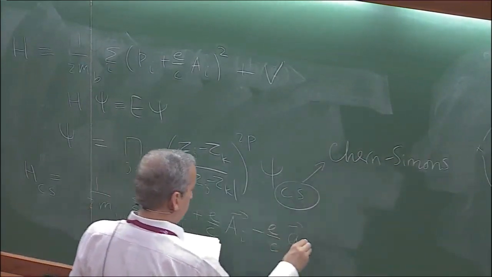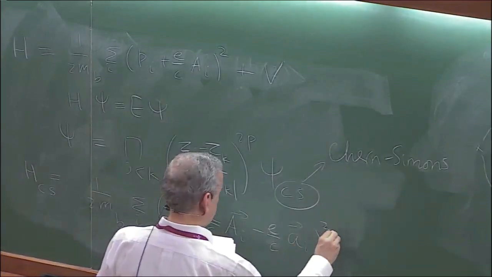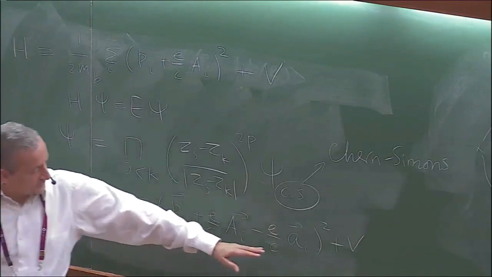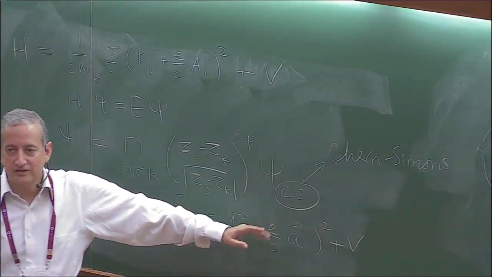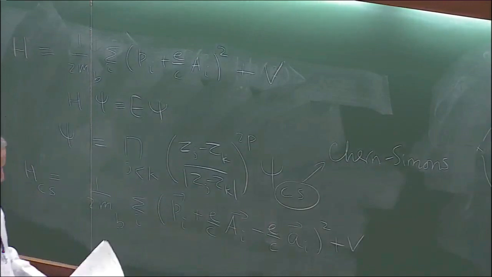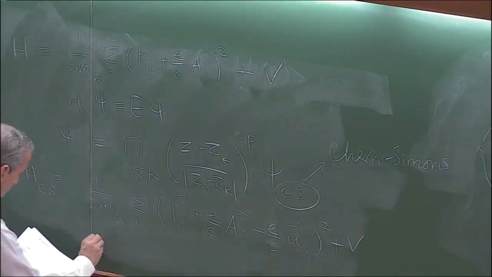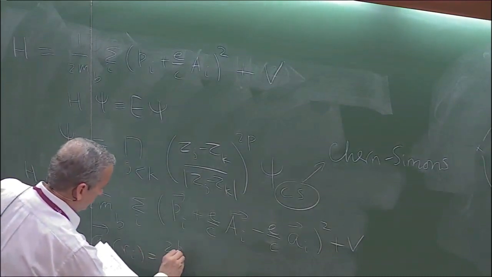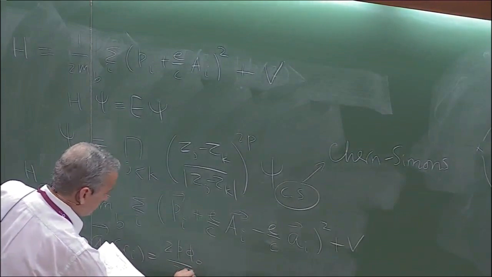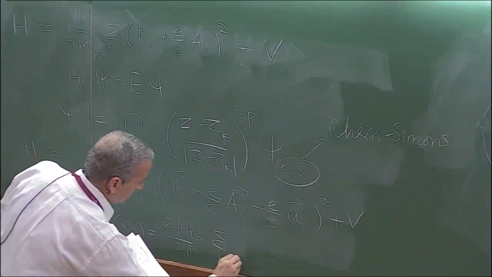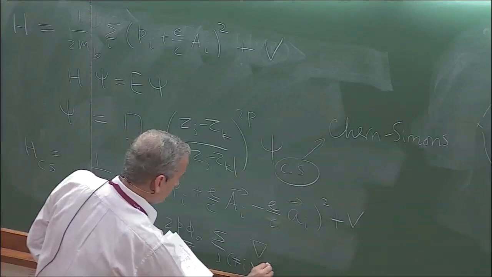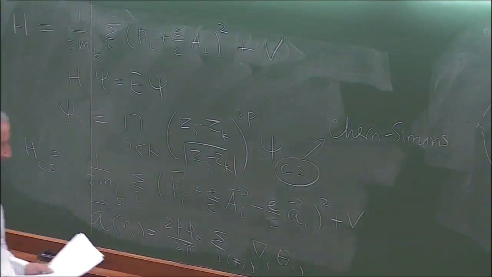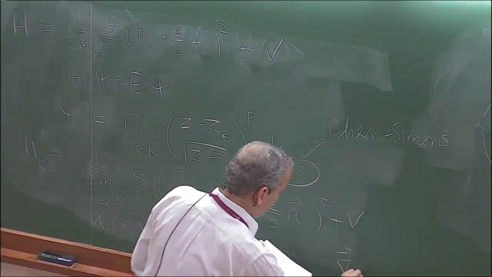And this vector potential is the same vector potential that I had written down yesterday. For completeness, let me write it once again. And this has the property that del cross A is equal to 2p phi naught times the density.